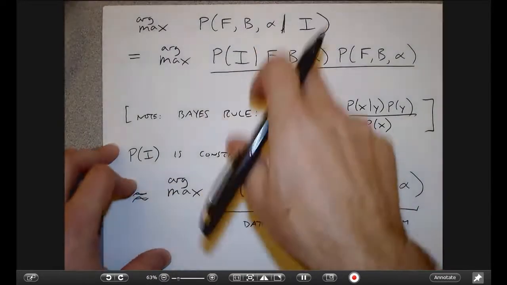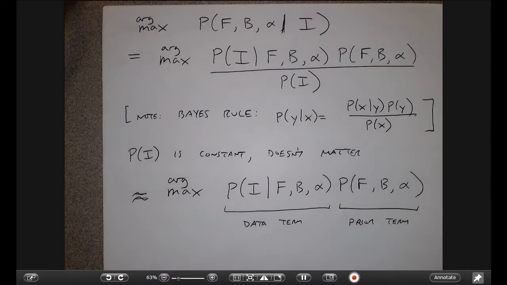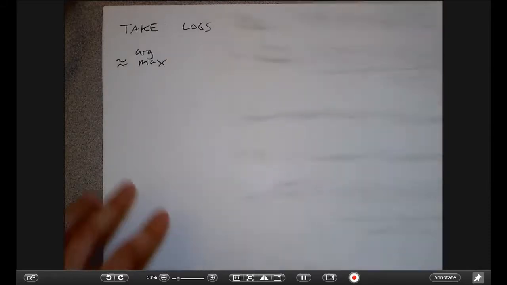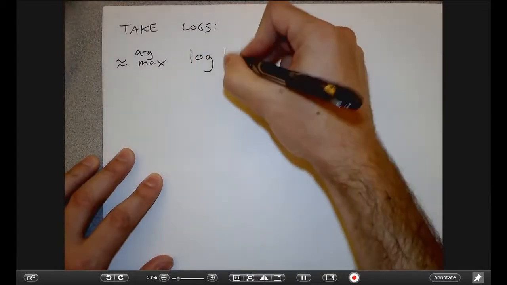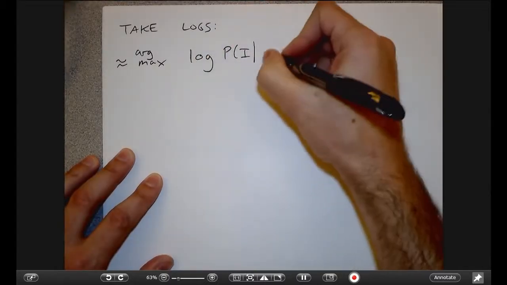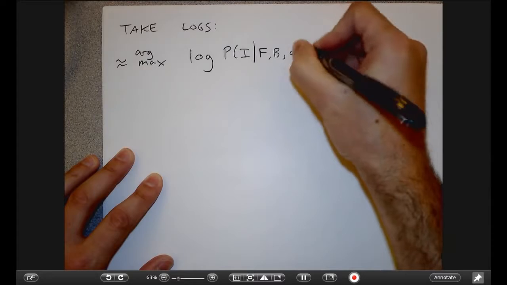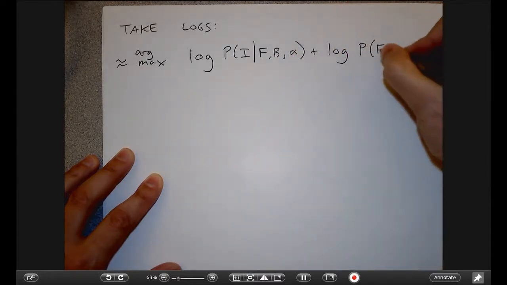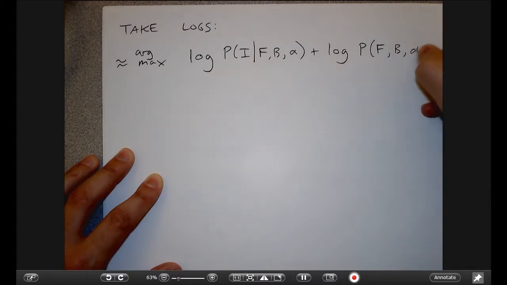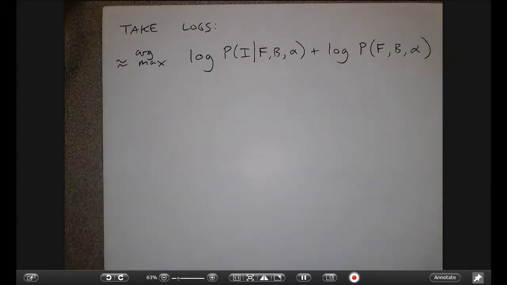And so even though the maxima themselves are changing, the F, B, and alpha that maximize those values are not changing. And so what I'm doing is I'm going to take the log, that's going to turn this product into a sum. And I'm going to make some more assumptions.